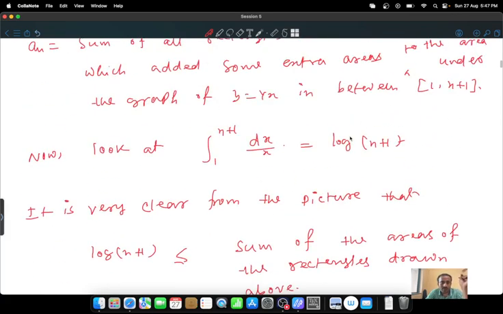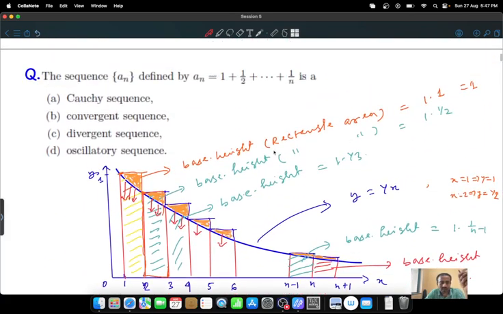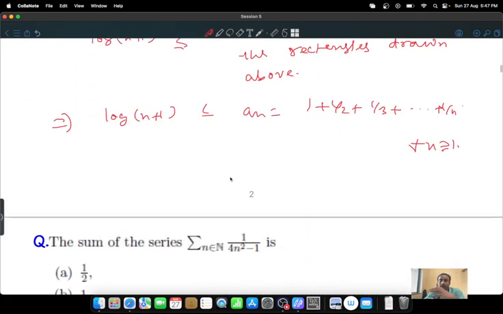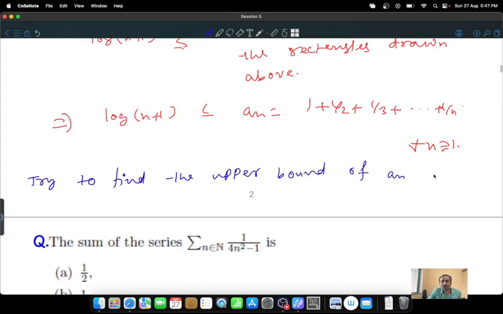Now if you are interested, you can check at home what would be the upper bound of this quantity a n. I mean, try at home to find the upper bound of a n in terms of log of some function of n.